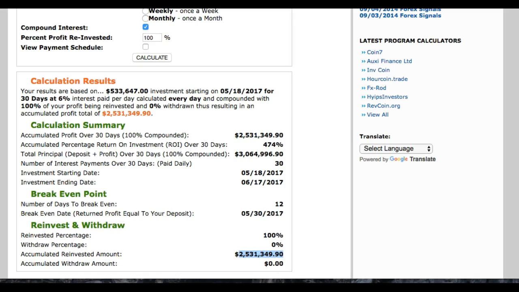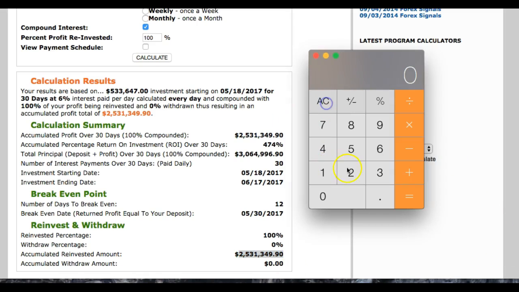I mean, 2.5 million a day for over the 30 days. 2,531,349 divided by 30. No, that's not correct math. Sorry, guys. Is that right?